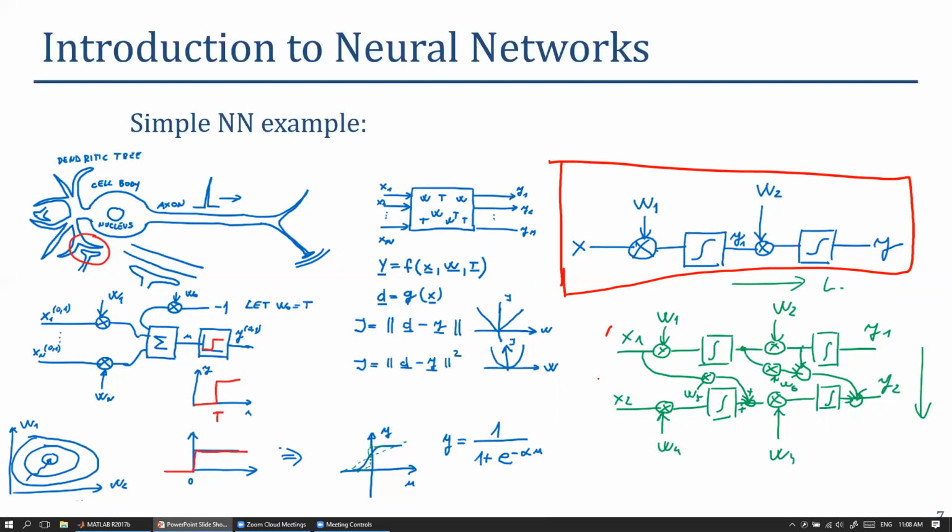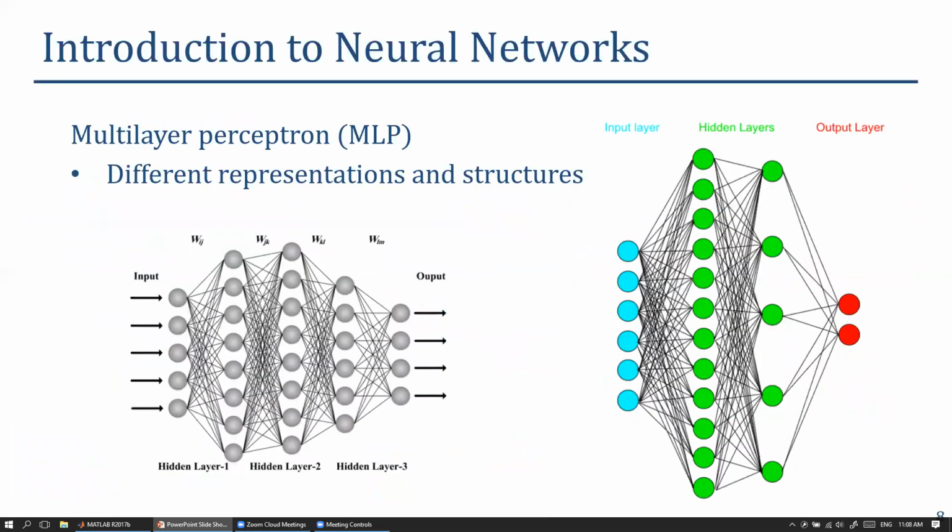On the side of the inputs, we call it the input layer, and on the side of the outputs, we call it the output layer. Everything in between is called the hidden layers. This can be represented in the literature as you can see here: we have the input layer, the output layer, and the many hidden layers.